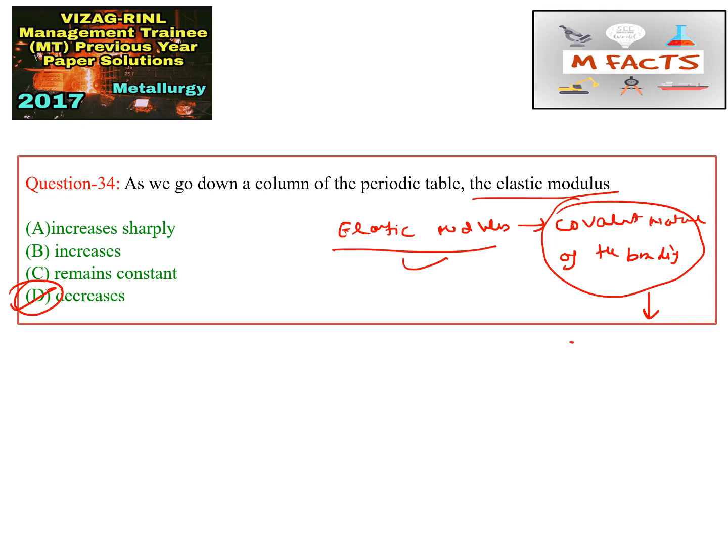So for one of the columns, if we take Si, Ge and some other elements, and go from top to bottom, we'll find that carbon has the highest elastic modulus, while silicon has a lower value than carbon, and germanium has a still lower value of elastic modulus. Okay, so we can compare like that. So here the correct answer is part D, that is decreases.